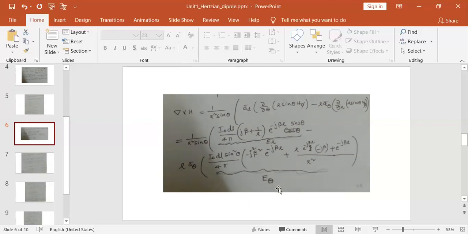That means ER and E theta exist and E phi will be 0.